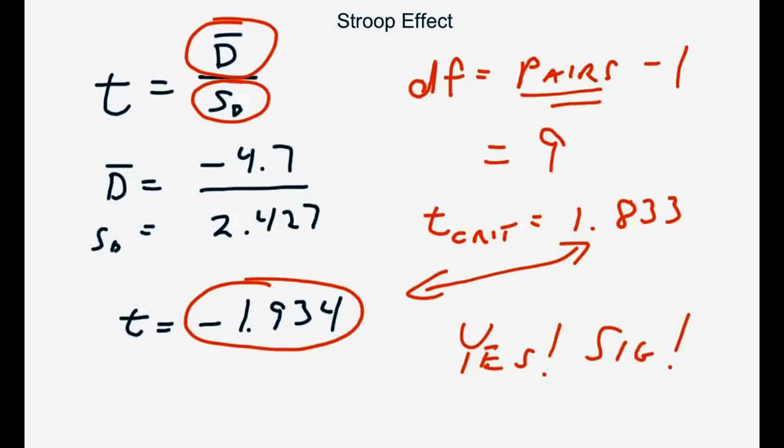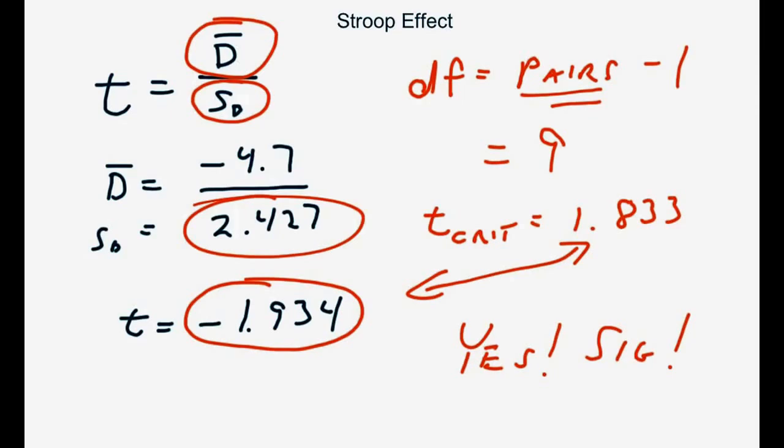It ends up shrinking the error term, which increases the overall size of t. With less error, it makes it easier to pick up small differences between two populations. So a repeated measures design has that advantage of making it easier to detect small differences because the two groups are identical down to their DNA.